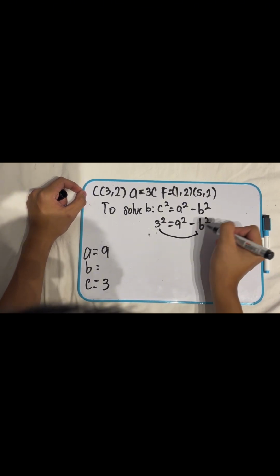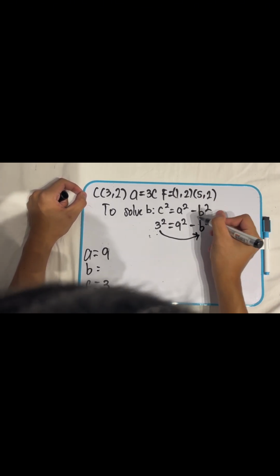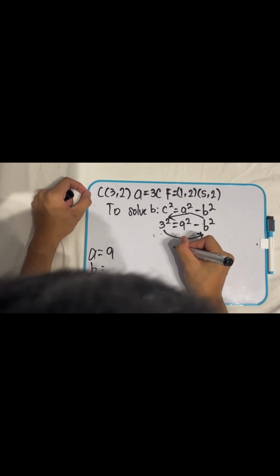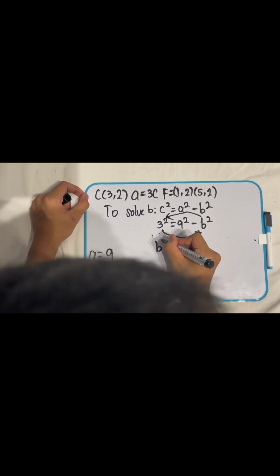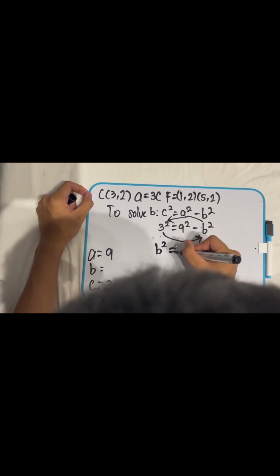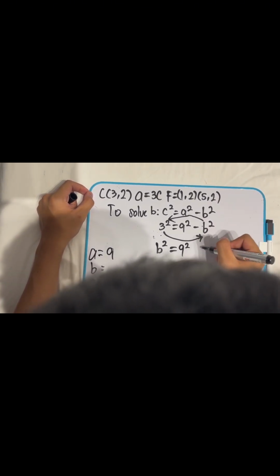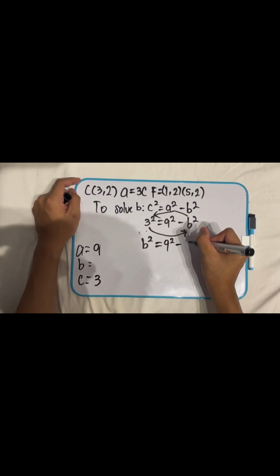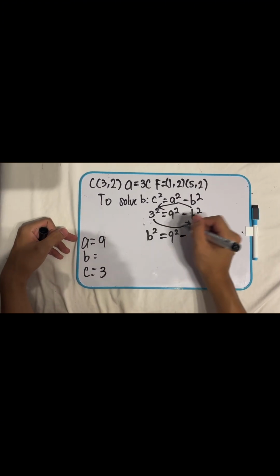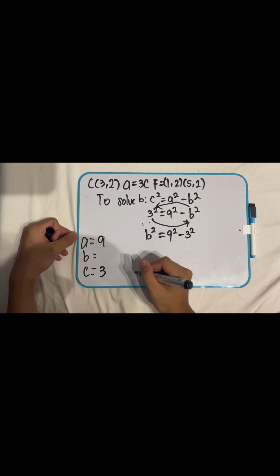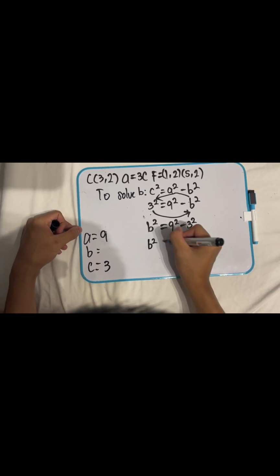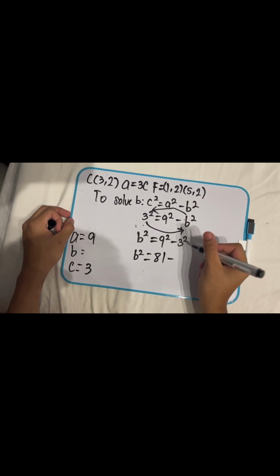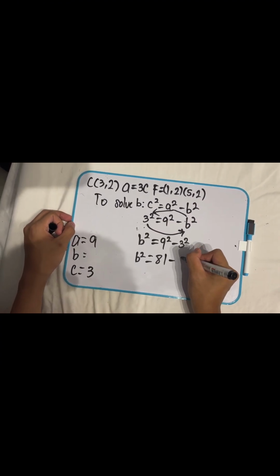Transpose this to get b squared equals 9 squared minus 3 squared.